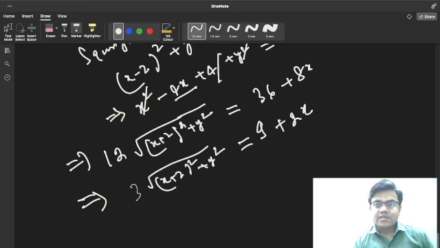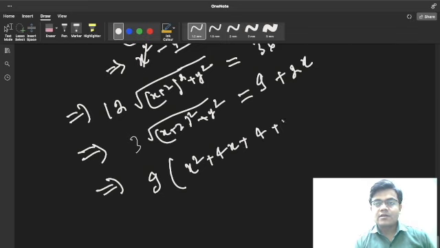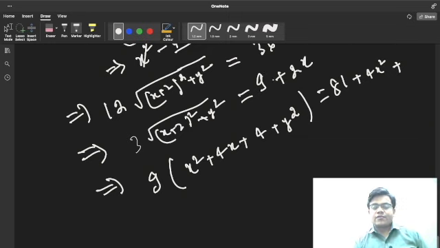So now you will square again. Squaring again, you are going to get 9 times (x + 2) whole square, so x square plus 4x plus 4 plus y square, equals 81 plus 4x square plus 2 into 2 into 9, which is 36x.